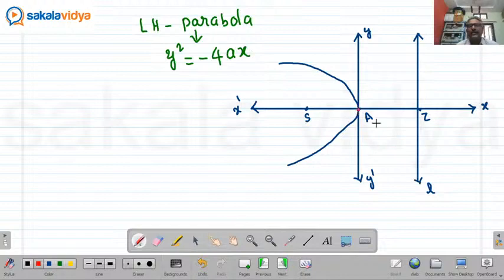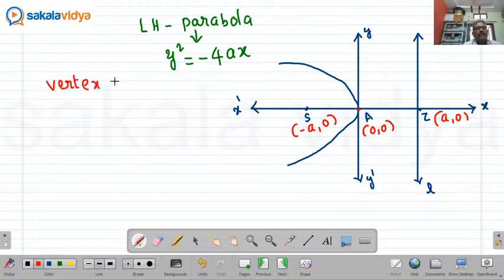Now the vertex is origin, 0 comma 0. This is left side of the origin, so minus a comma 0. This will be a comma 0. Okay, now tell me, what is the vertex? Vertex equals 0 comma 0.